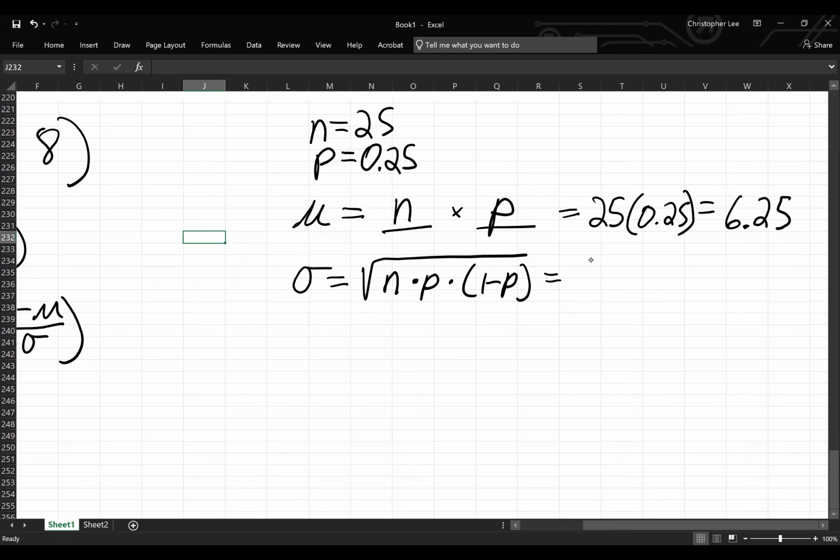Same thing on the bottom, nothing crazy. Square root, N is 25 times P 0.25 times 1 minus 0.25. What's that answer?